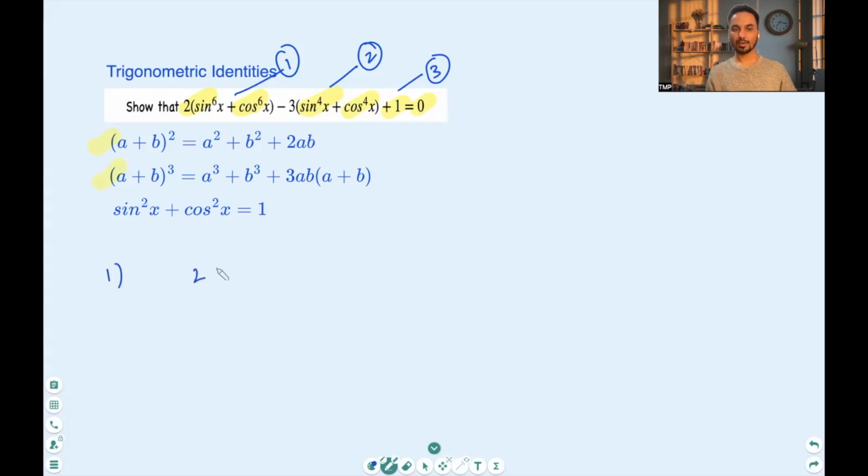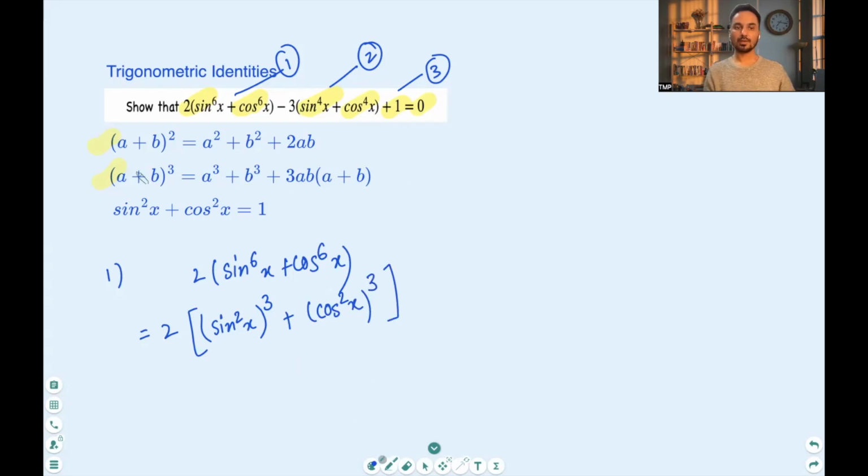Starting with number 1, 2 times (sin⁶x plus cos⁶x) can be written as 2 times ((sin²x) whole cube plus (cos²x) whole cube). And looking at the identity (a plus b) whole cube equals a cube plus b cube plus 3ab times (a plus b), we can find out a cube plus b cube equals (a plus b) whole cube minus 3ab times (a plus b).